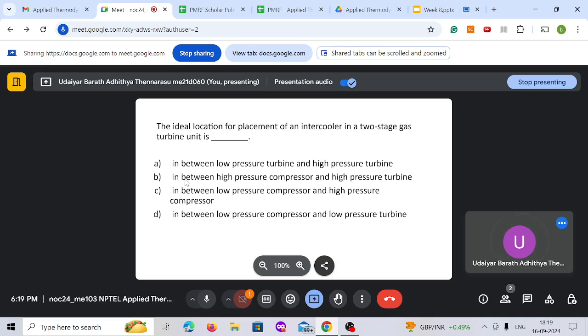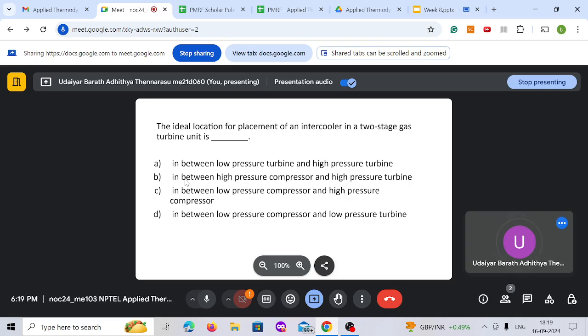Next is, the ideal location for placement of an intercooler in a two-stage gas turbine unit is dash. We have seen that your reheater comes in between stages of the turbines, and the intercooler is used between the compressor stages to reduce the net work for the compressor.